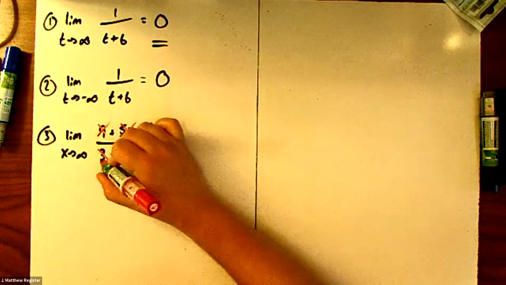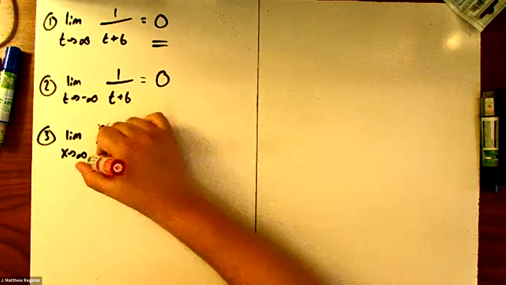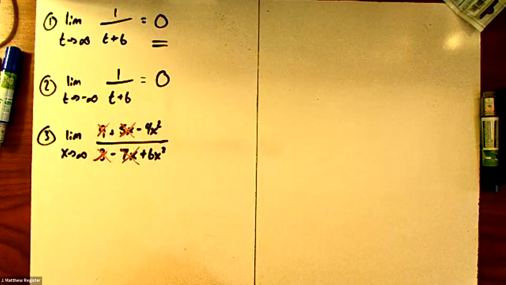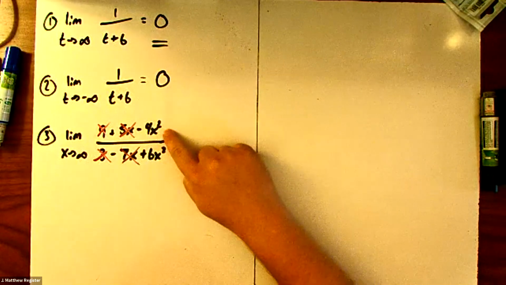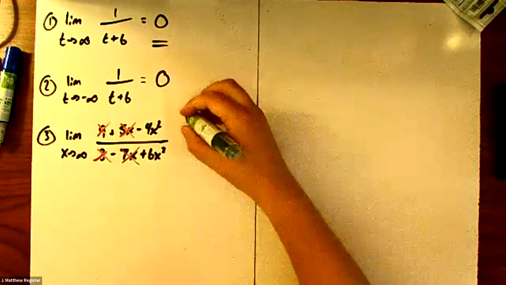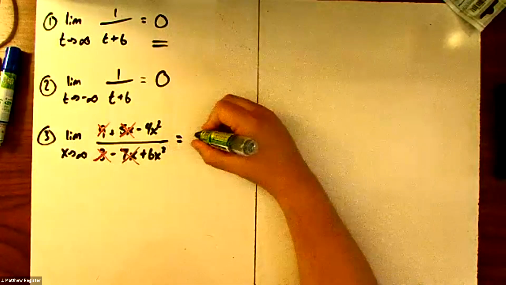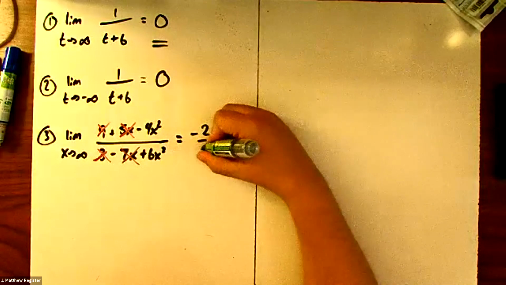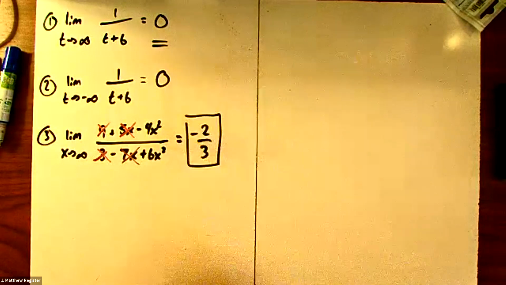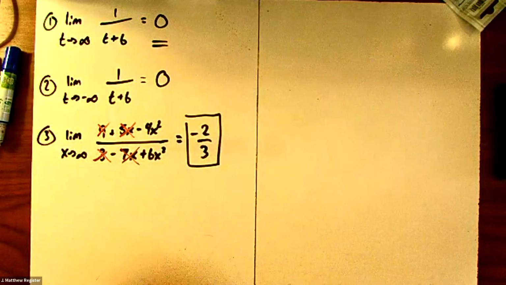The 3 and the 7x do not matter for large values. What we're left with is negative 4x squared over 6x squared for large values. That reduces to negative 2/3. And that's our answer.